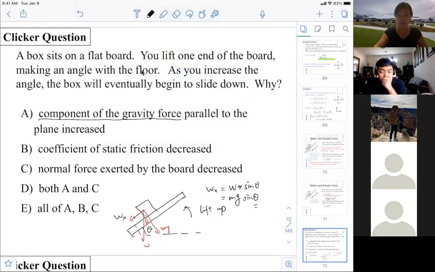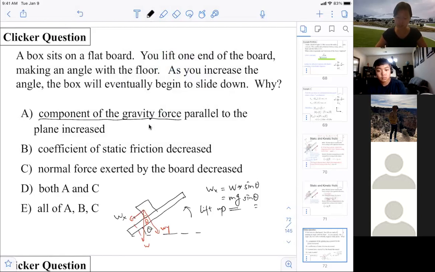Sine 0 becomes sine 90 degrees, which is 1, so it increases. I was just thinking about it because gravity doesn't change; it's always 9.8 no matter what. I know it increases because sine theta reaches 1 at 90 degrees.